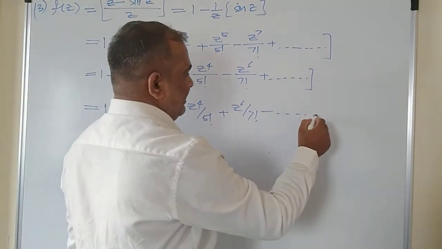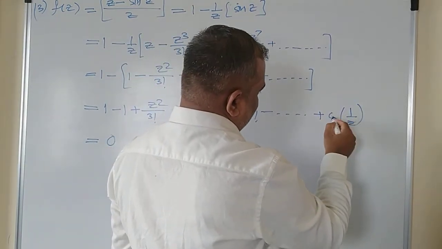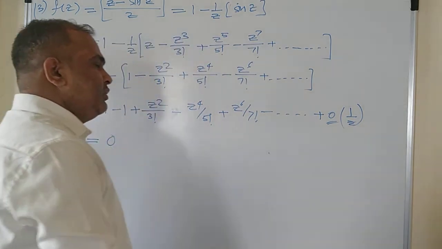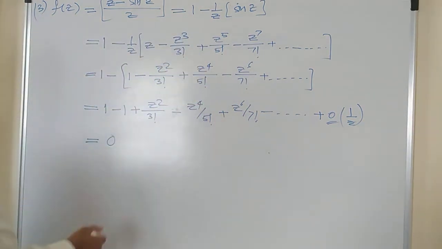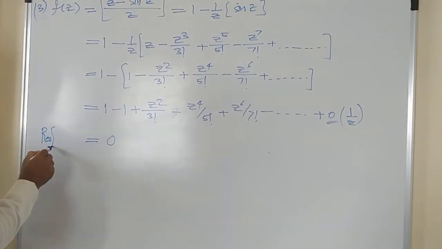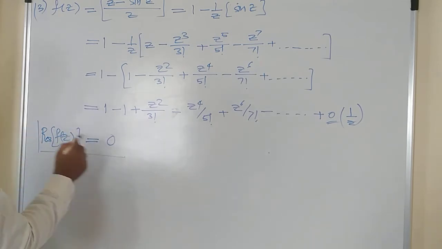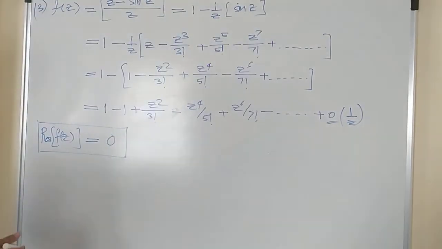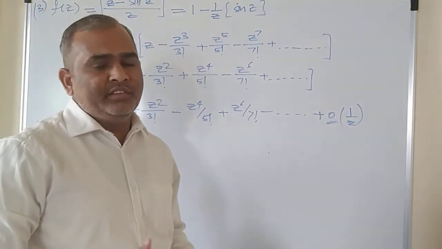Or you can say the coefficient of 1 upon z is 0. So the coefficient of 1 by z is 0 here, and therefore the residue of the function f of z is equal to 0, right? So this is how to solve residue problems in case of Laurent series expansion.